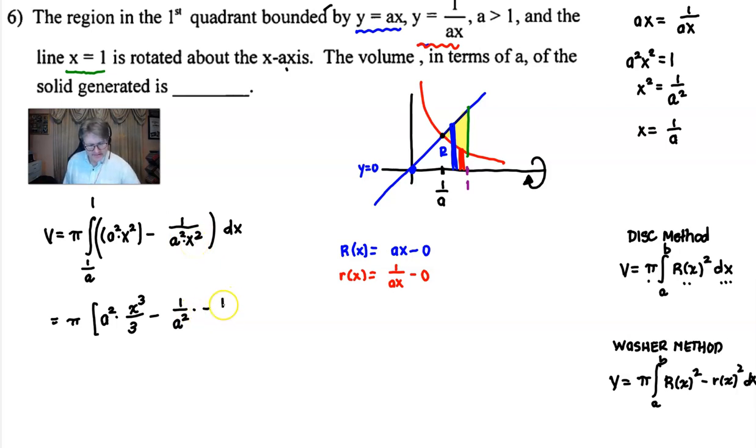You get negative x to the -1, which I believe is going to look like that. And it's right about here where we're going to put on the brakes, and I'm going to have you guys plug in 1 for the x, carefully plug in 1 over a for the x, and subtract those.